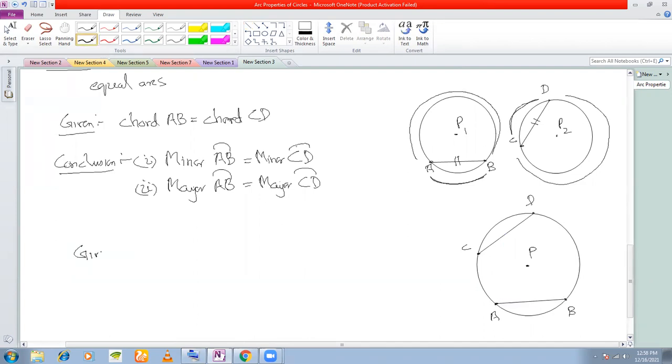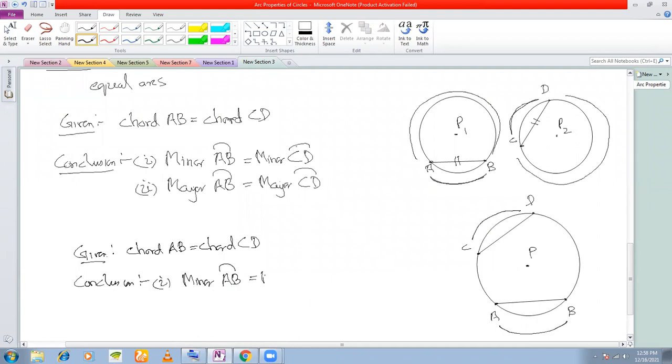So given chord AB is equal to chord CD. Then your conclusion is the same for this case also, that minor arc AB, this arc of the circle, must be equal to this arc of the circle.